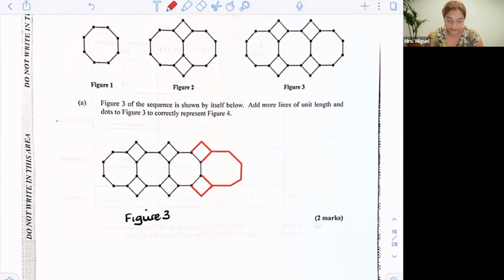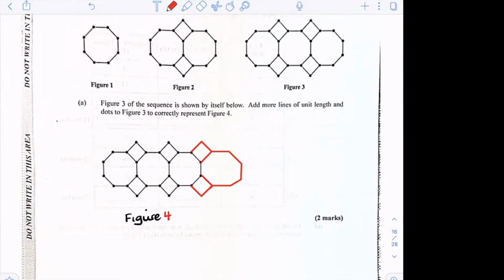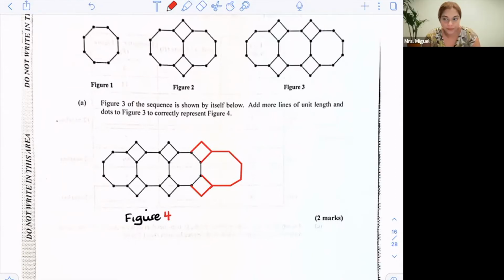Something similar to that. So this now is not figure 3, but figure 4. All right, do you all have that? Yes. All right, so we're moving on, right? We are moving on.